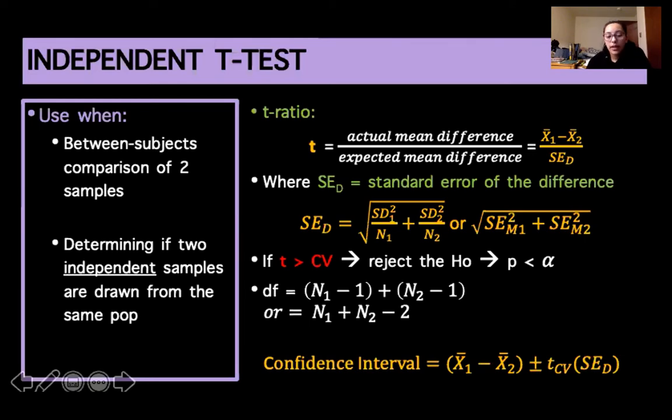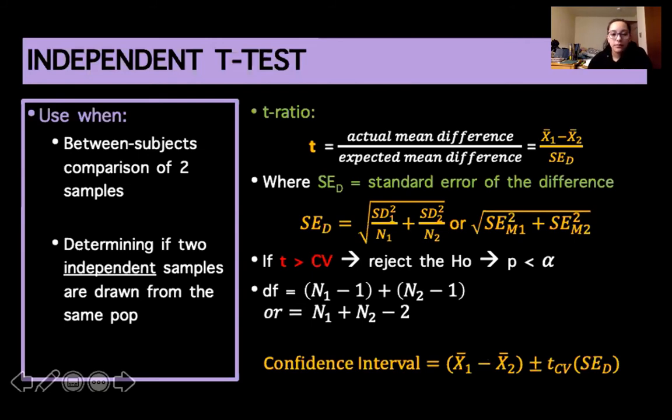We can also calculate a confidence interval for this, which is basically the exact same thing as the single sample t-test confidence interval. We just want to know what is the true mean difference between these two samples inferred onto a population. If both of these samples were from the same population, we would expect the true mean difference to be very, very small.